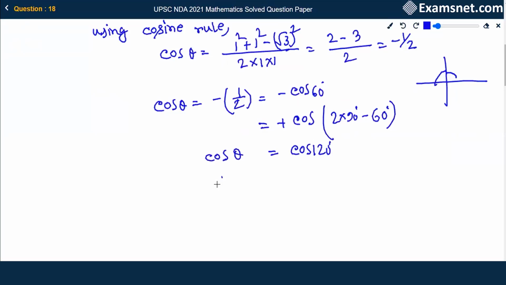So from here we can say theta equals 120 degree.